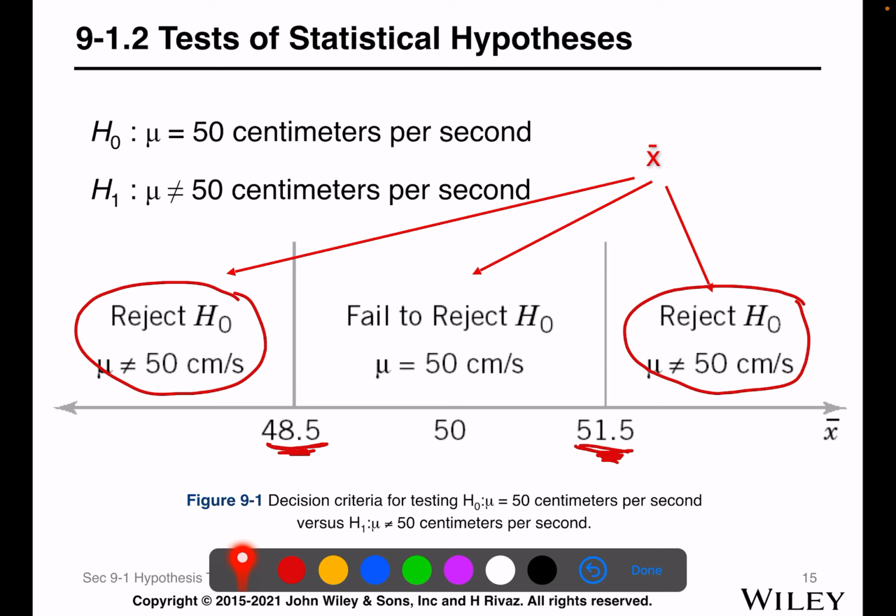We don't say that we approved H0, because this test is not about approving the null hypothesis, it's about rejecting the null hypothesis. And that's why, in fact, it's also called null, because it's something that we want to reject. For example, we have improved the quality of our production or the design, so we want to show that the new mu is actually, for example, higher than the previous mu.